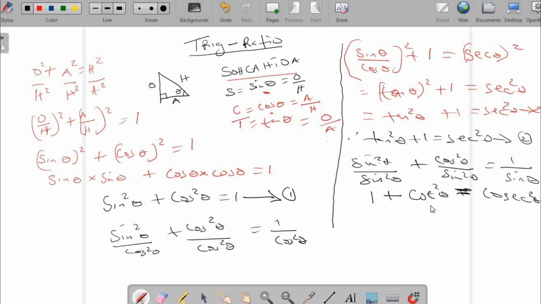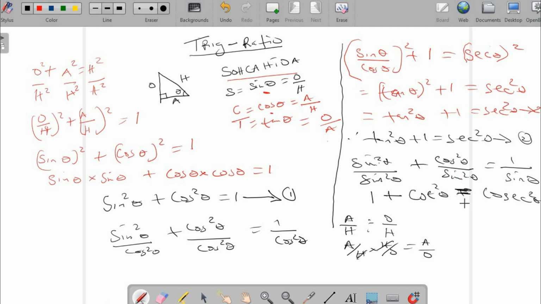Now how did I get this cot? I will explain. Remember that cos theta is adjacent over hypotenuse, divided by sine theta, which is opposite over hypotenuse. If I solve, I have A over H times H over O. H and H cancel, and you are left with A over O. The inverse of tan is called cot.